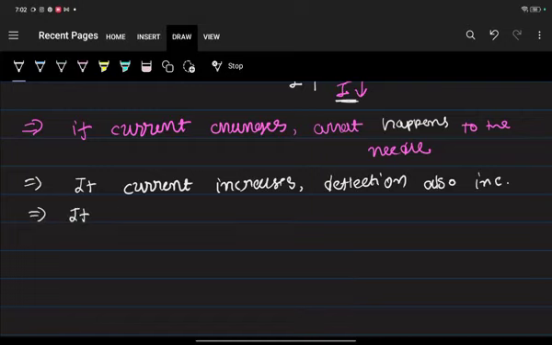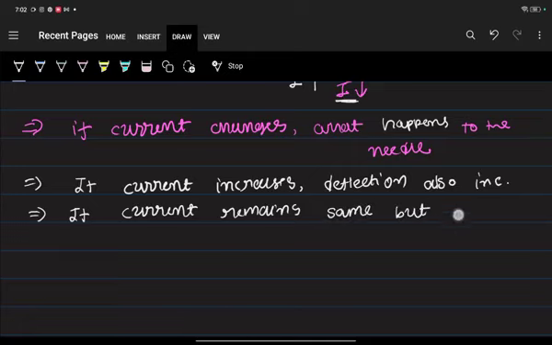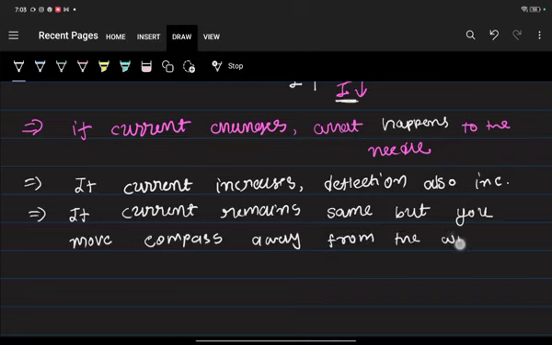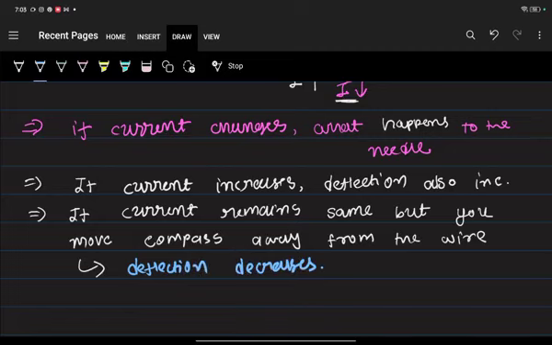That means if the current remains same but you move the compass away from the wire, obviously what happens? Deflection decreases, right or wrong?